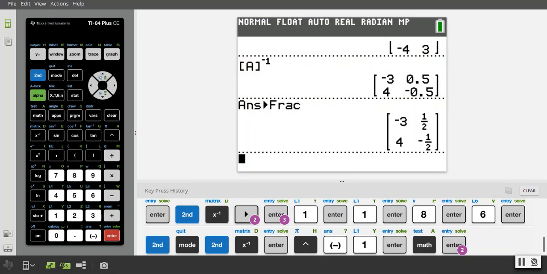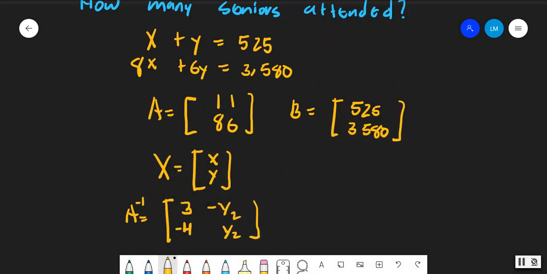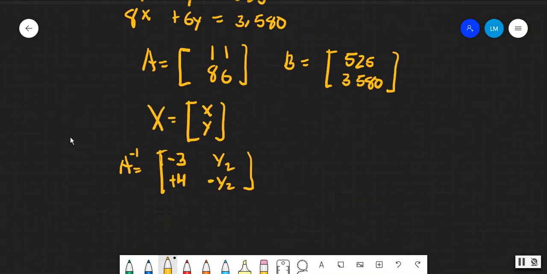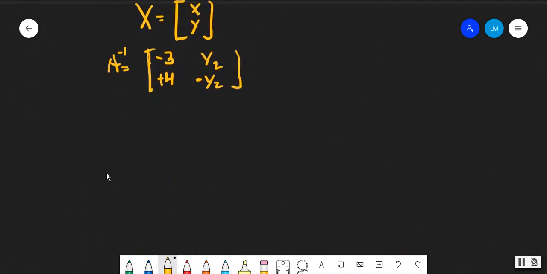Was it 2 negatives? Oh, okay, I think I got it backwards. So it's actually -3, and then it's -1/2, and that's a +4. So what we need to do here is figure out what the x is.